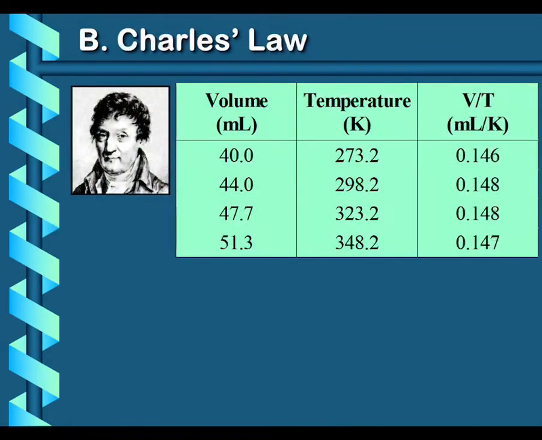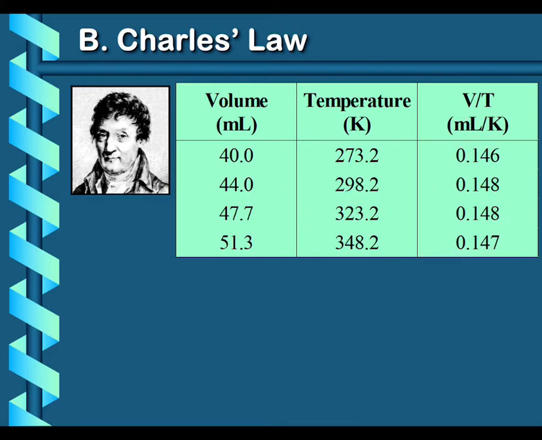The second law we're going to look at is Charles's Law. Again, you don't have to write down this data. It's more important you understand the relationship. If I look from experiment 1 through 4, the volume is increasing and the corresponding temperatures are also increasing. If you divide the two variables, you get essentially a constant value.